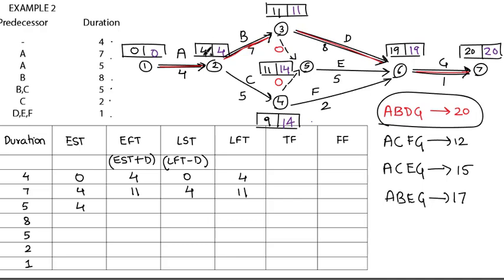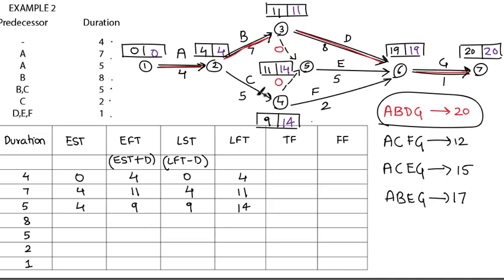Earliest finish time is 4 plus 5, that is 9. Latest finish time will be 14, and 14 minus 5 is 9, that is latest start time. So that is 4, 9, 9 and 14.